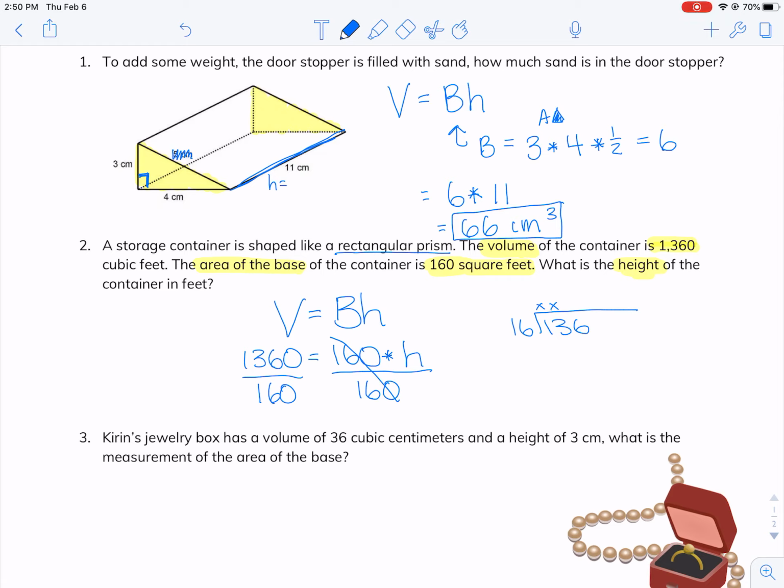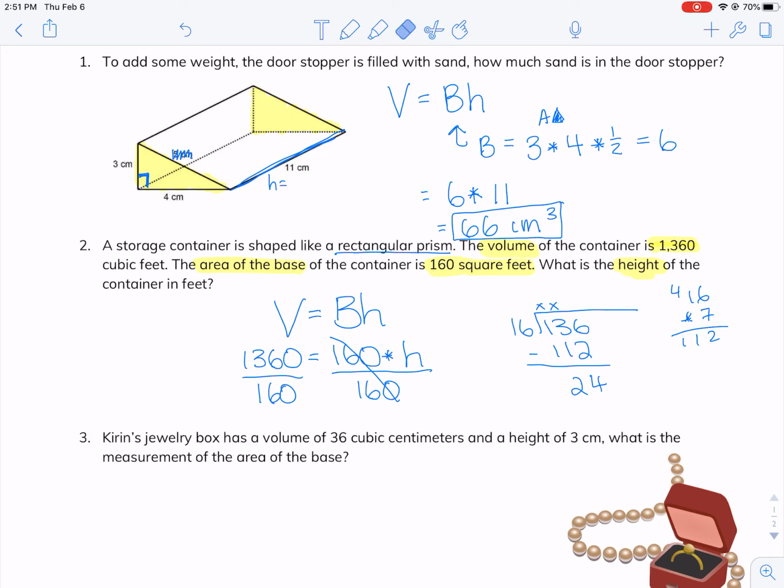I'm going to check and guess on this side. I'm going to say maybe it's 7. 6 times 7 is 42, carry the 4. 7 times 1 is 7, plus 4 is 11. 112. If you subtract it, you get 24. 24 is not smaller than 16.